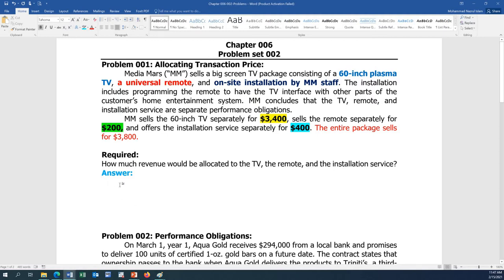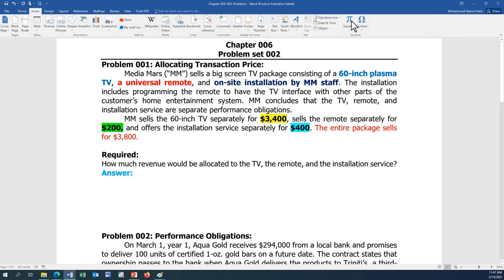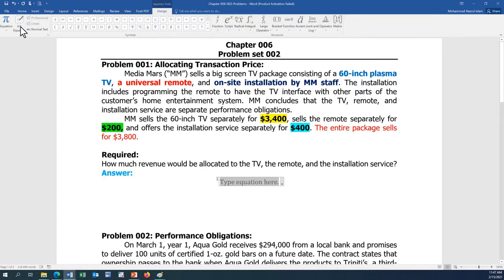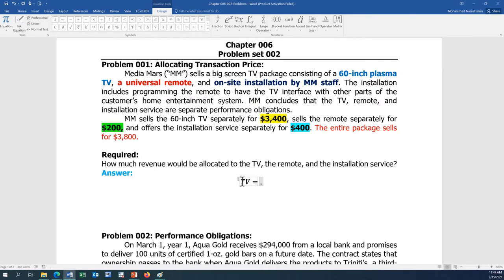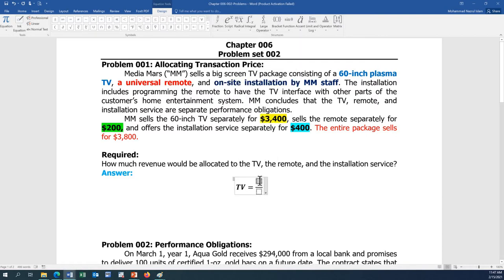Okay, so it should be easy. And now let's see the TV. The standalone price of the TV is 3,400, correct?